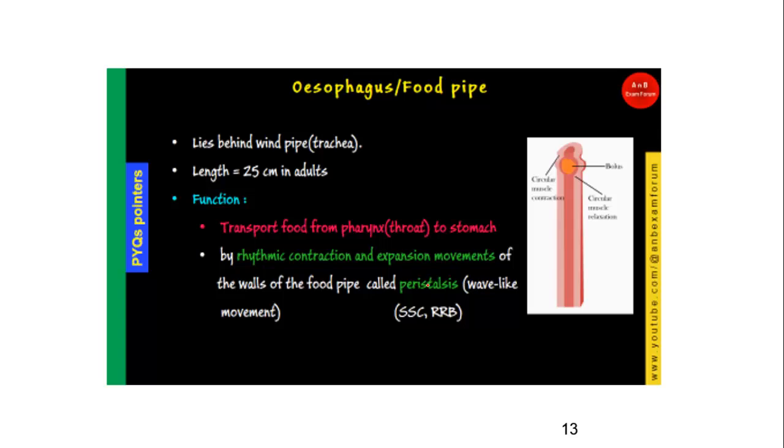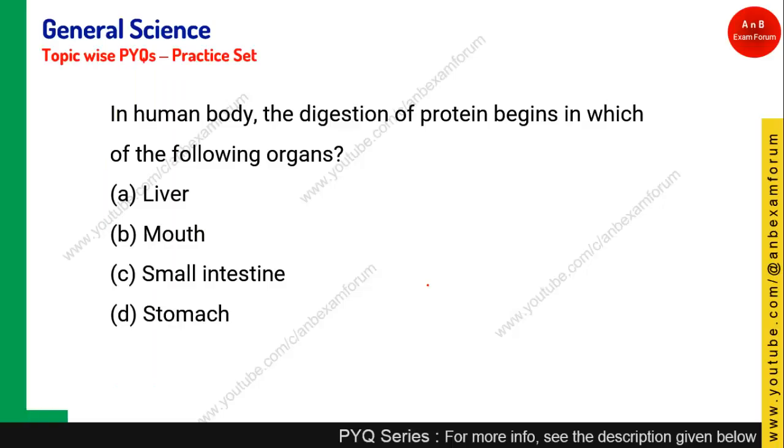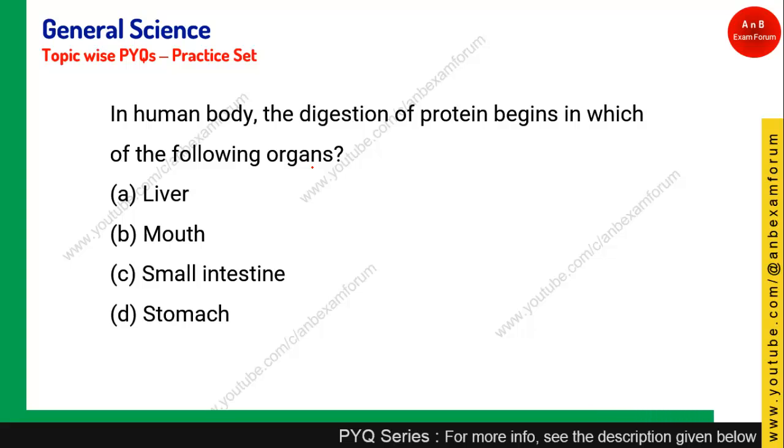Yes. The next question: in the human body, the digestion of protein begins in which of the following organs? Students, we have a separate chapter on digestive enzymes and various juices, where we are going to discuss the digestion of various nutrients like carbohydrates, proteins, and fats.